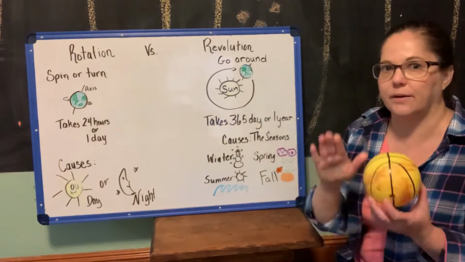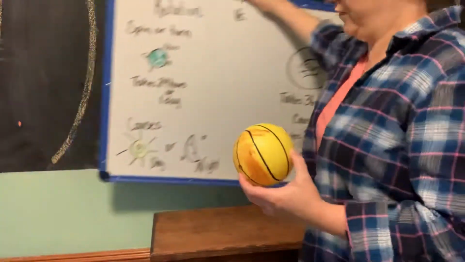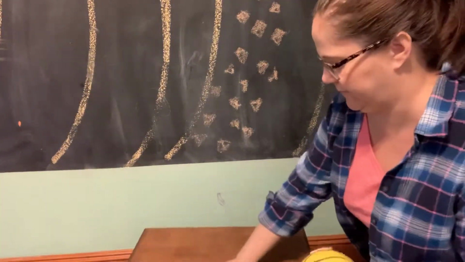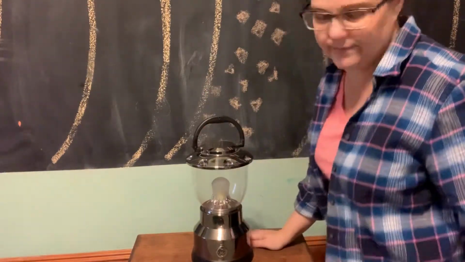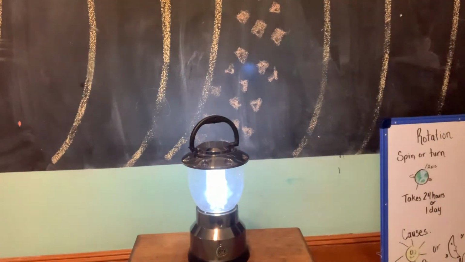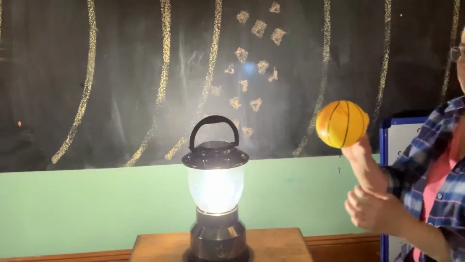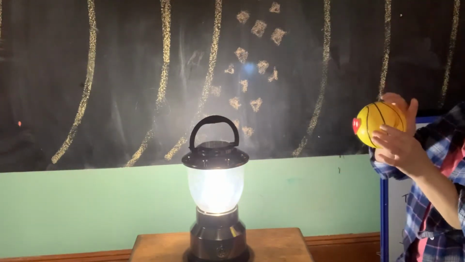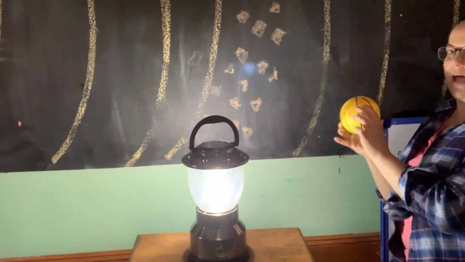So let's take a look at how that looks. I'm going to move the whiteboard again and bring back the lantern. The lantern is our version of the sunshine. We're going to turn it on. Okay, so here we go. The rotation is happening. It's giving us day and night. But as the Earth is rotating, it's spinning on a path.